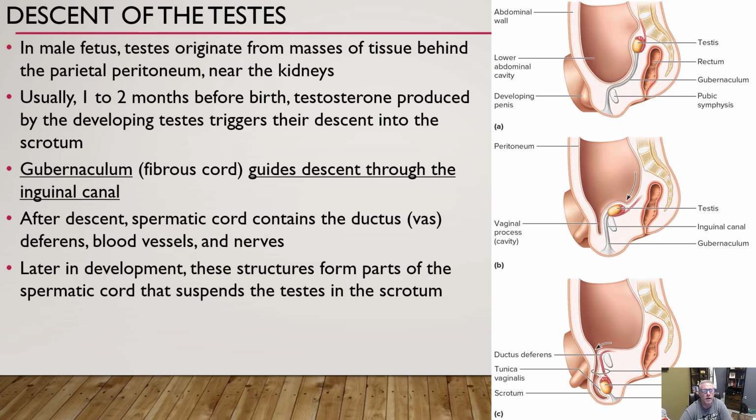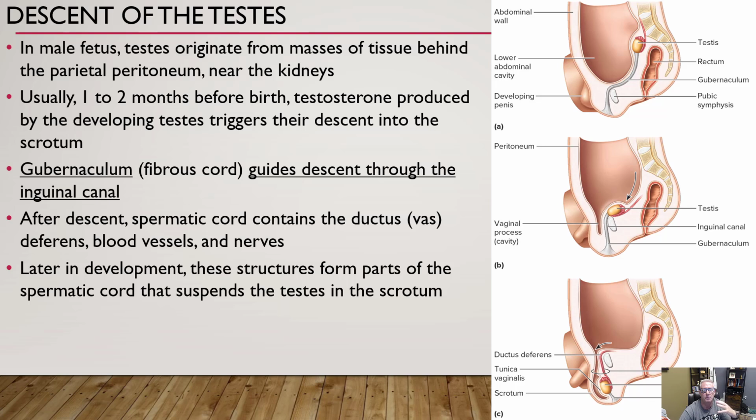All right, so descent of the testes. In the womb, the testes aren't in the scrotal sac like we see them when you're an adult. They're actually formed up inside your abdomen.